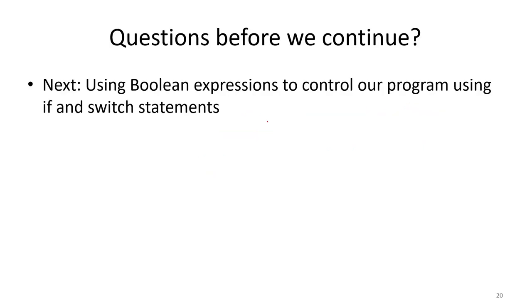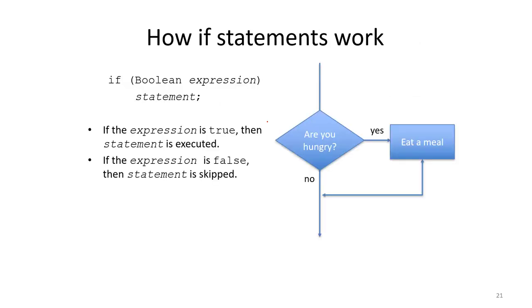Okay, so let's go ahead and see, how do we actually use these things? How do we use a Boolean expression in our programs? One of the most common ways that we use Boolean expressions in programs is by writing if statements.